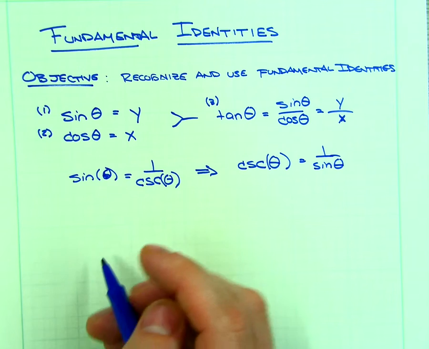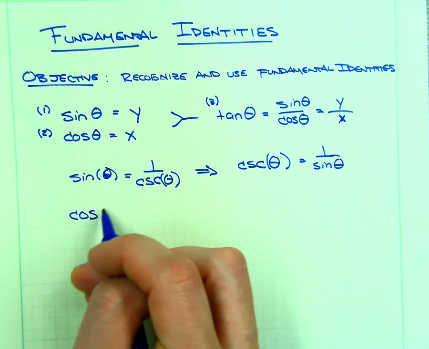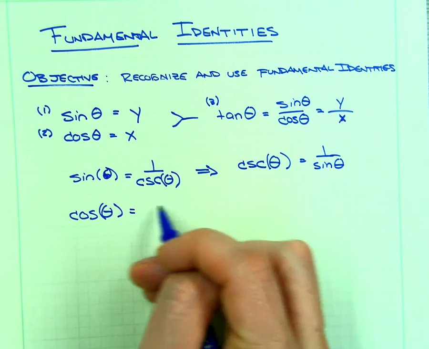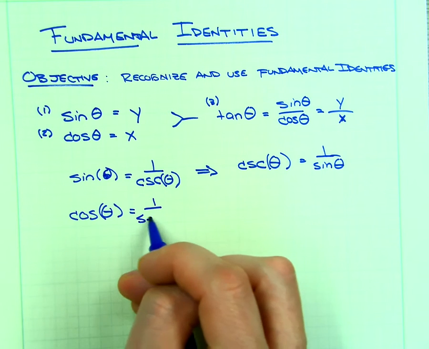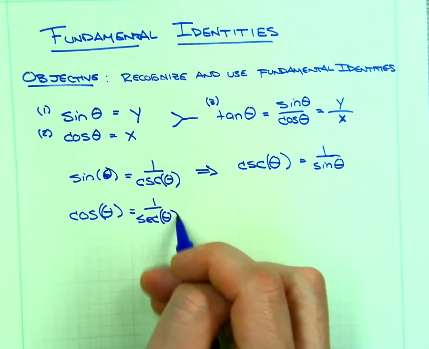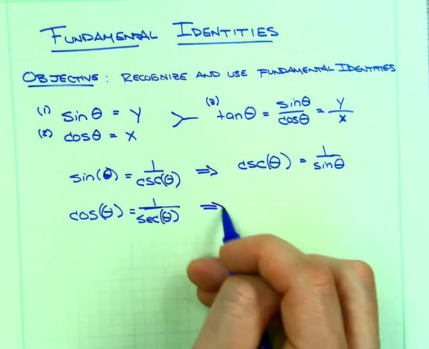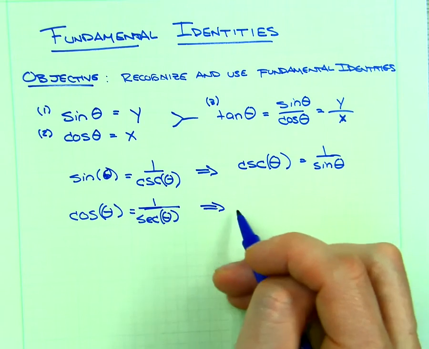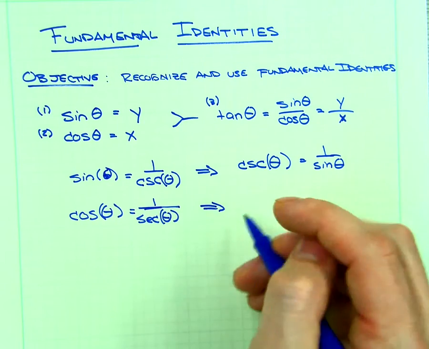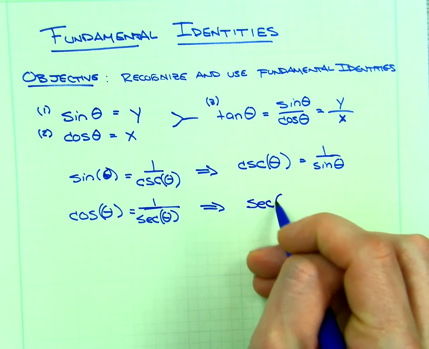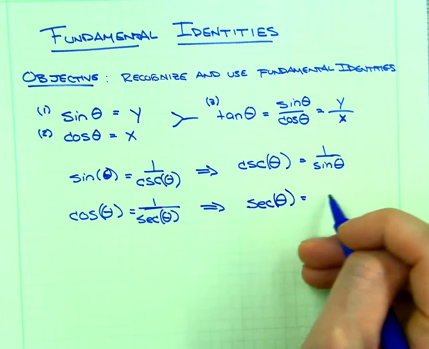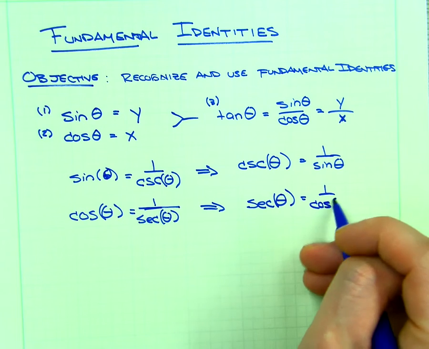I can do the same with the cosine and the tangent. So the cosine of theta is going to be equal to 1 over the secant of theta. Or, taking the reciprocal of both sides and flipping them like this, I can say that the secant of theta is defined as 1 over the cosine of theta.